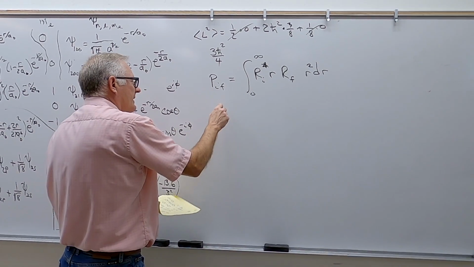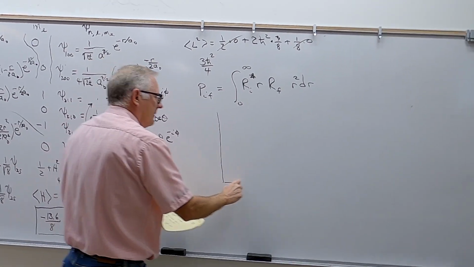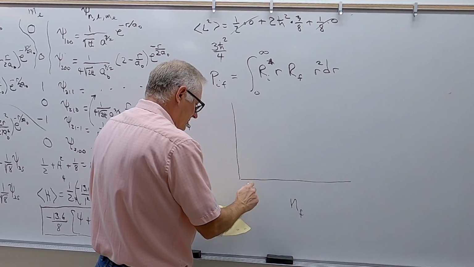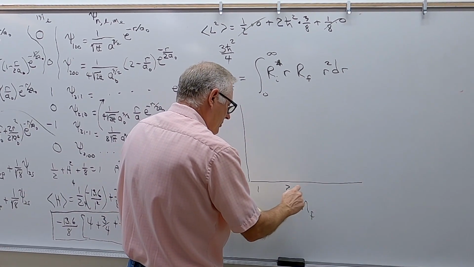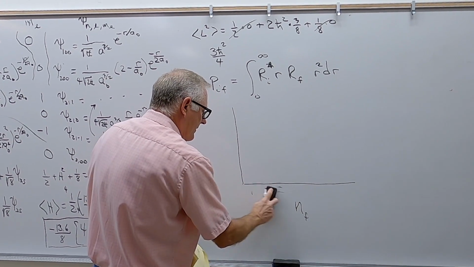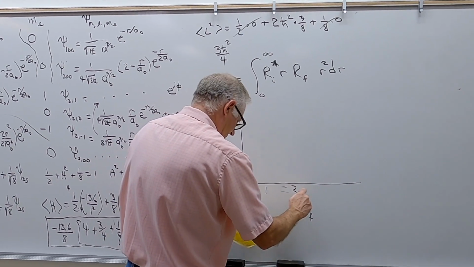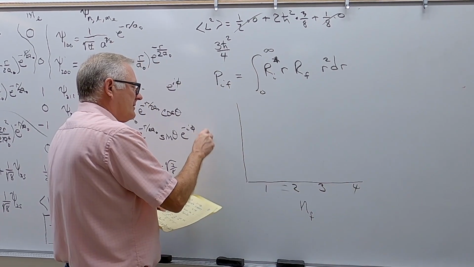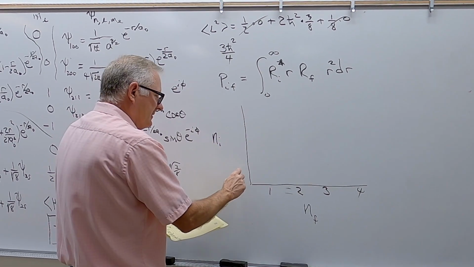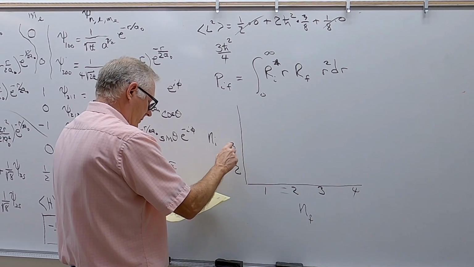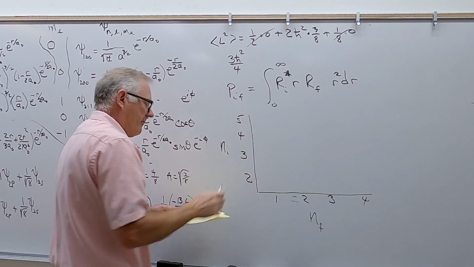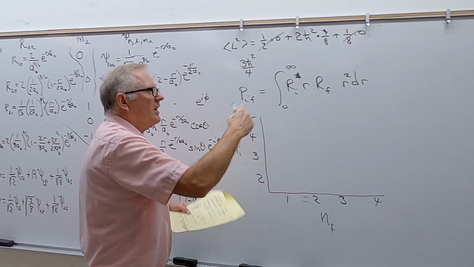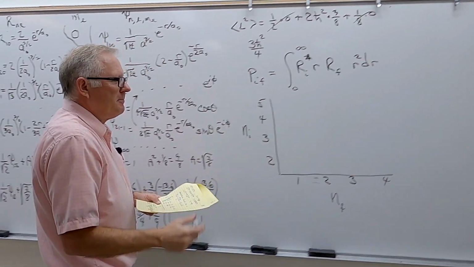If you do this and make a table like we did before, this is the final state, 1, 2, 3, 4, and this is the initial state, which starts out higher: 2, 3, 4, and 5. What this gives us is how much it wiggles back and forth when you're in the mixed state.